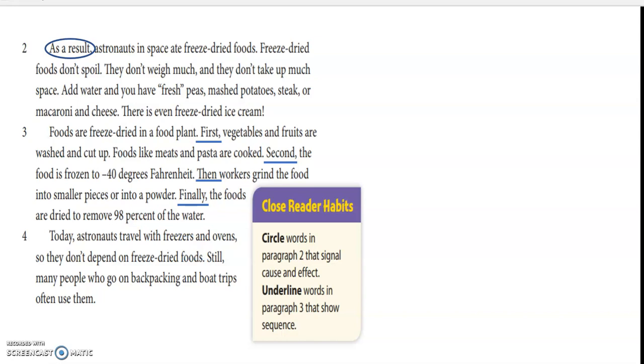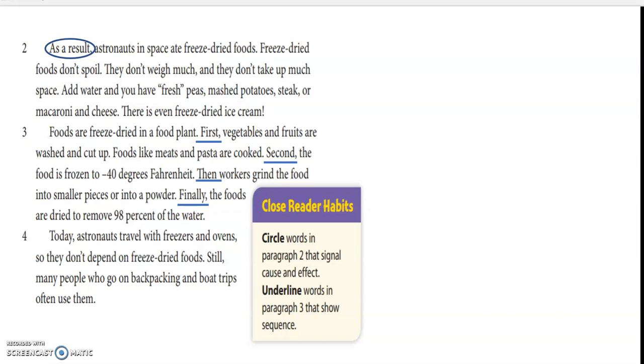The foods are dried to remove 98% of the water. Today, astronauts travel with freezers and ovens, so they don't depend on freeze-dried foods. Still, many people who go on backpacking and boat trips often use them.